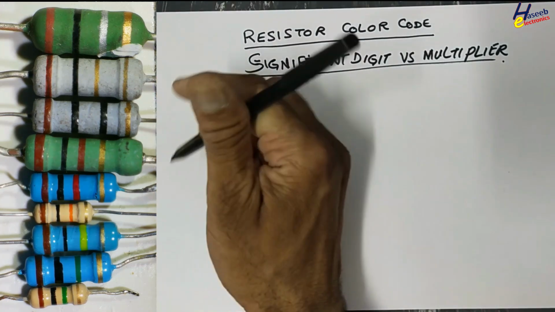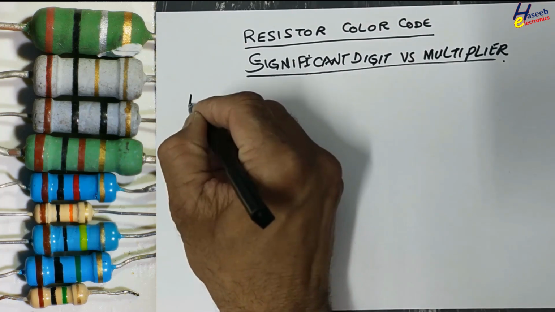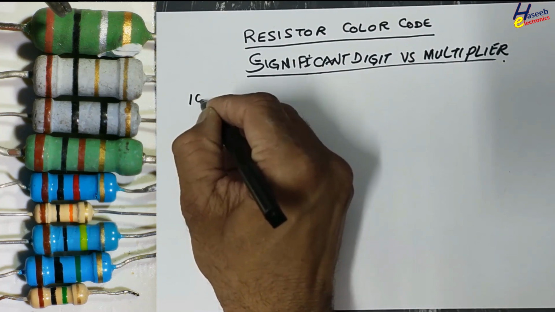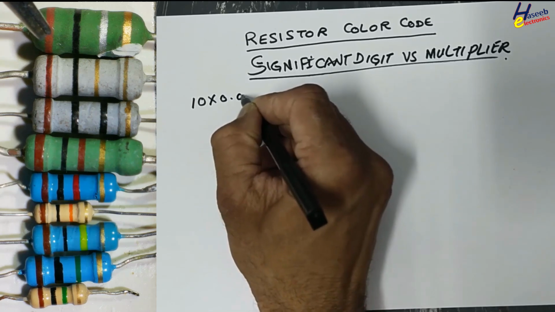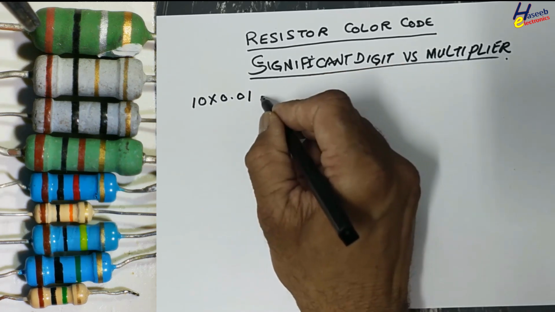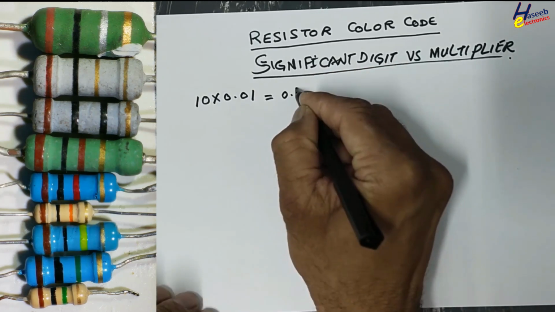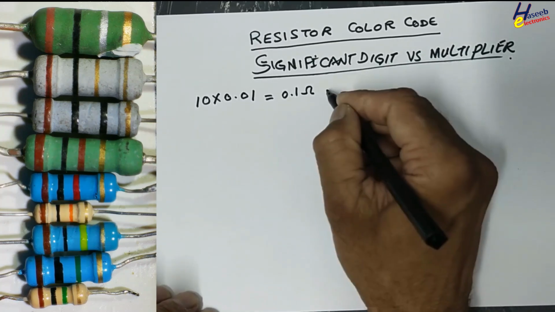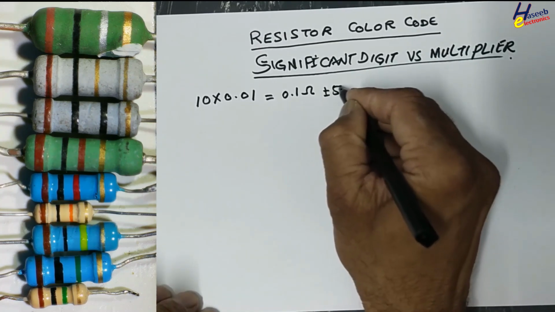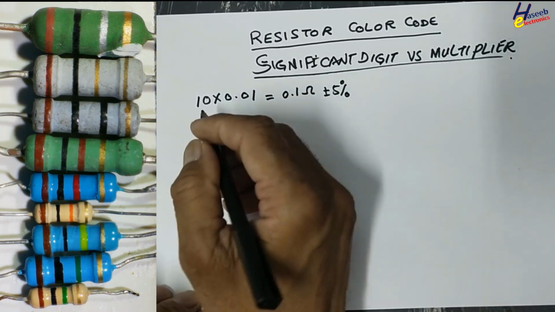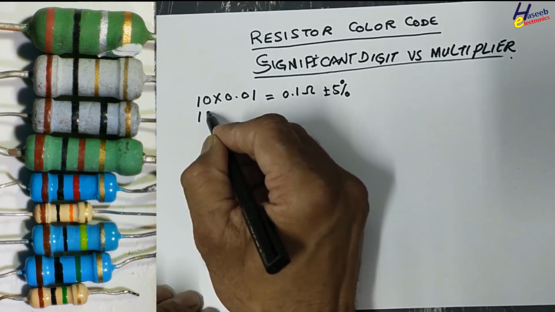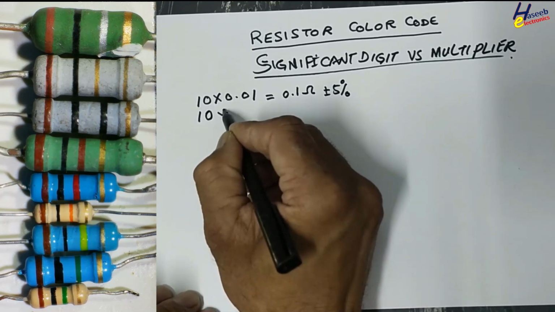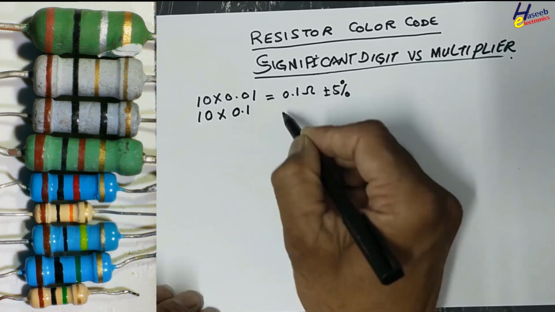First resistor: brown 1, black 0, multiplier 0.01. That means it is a 0.1 ohm resistor with plus minus 5% tolerance, the last band gold. Second resistor: brown, black, multiply with 0.1.